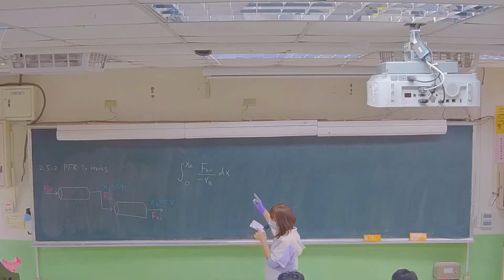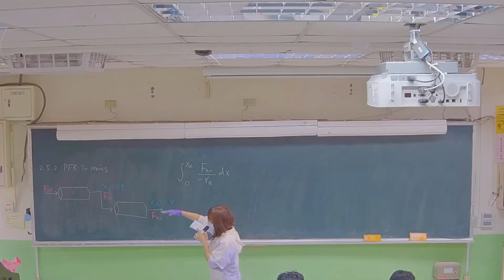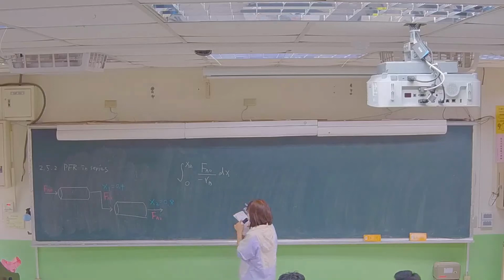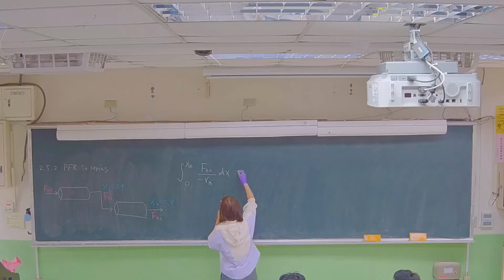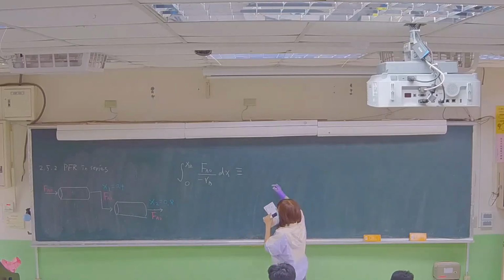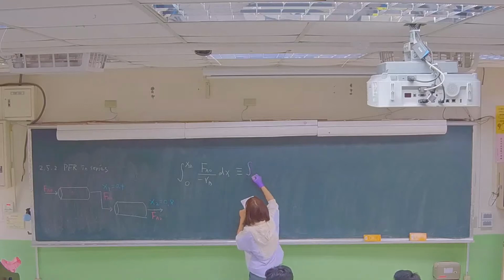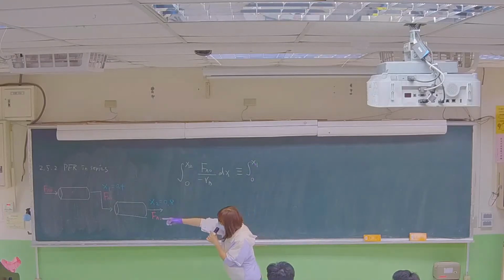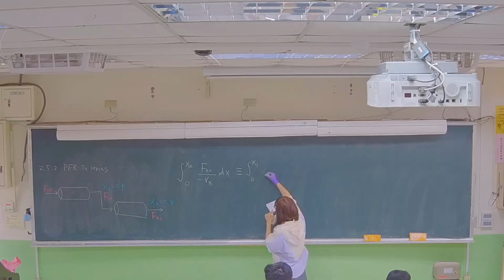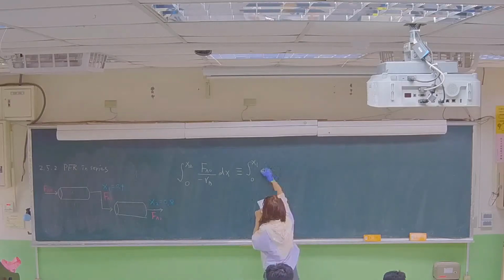Okay, so this formula is for the combination of two reactors. It can be separated into two terms. The first one is for the first reactor. For the first reactor, at the beginning the conversion is 0. After passing the first reactor, conversion is X1.